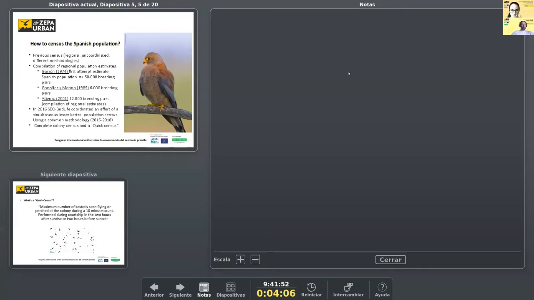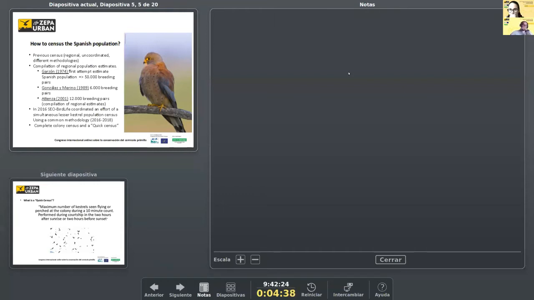If we consider which have been the previous censuses, the first attempt was by Garzón in 1974, in which he estimated for ICVP a population size of the lesser kestrel in Spain of 50,000 breeding pairs. This was probably just an educated guess. It was not really a proper census. The first real census we can attribute to González and Merino in 1989, in which a total of 6,000 breeding pairs in Spain were counted.